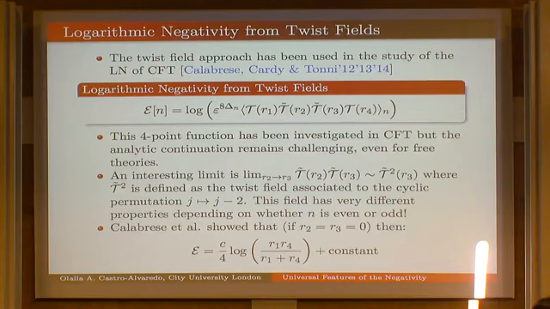Why is it not 0, if this function gets factorized? If you factorize this T at R4, in the massive theory, you will get the expectation value of that field. But will there be T at R1, R4 factorized with T at R2, R3?